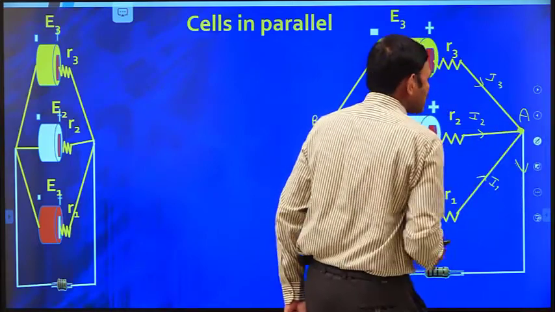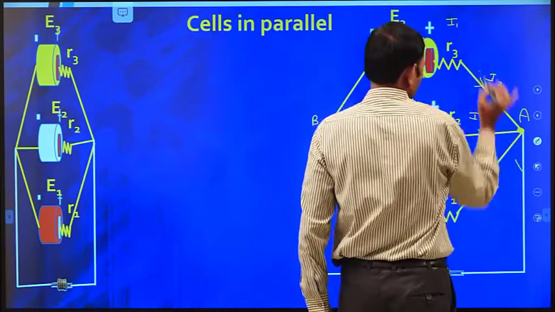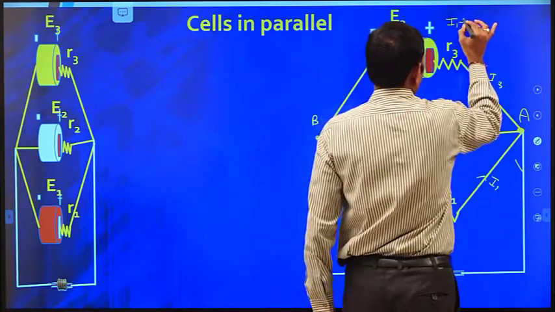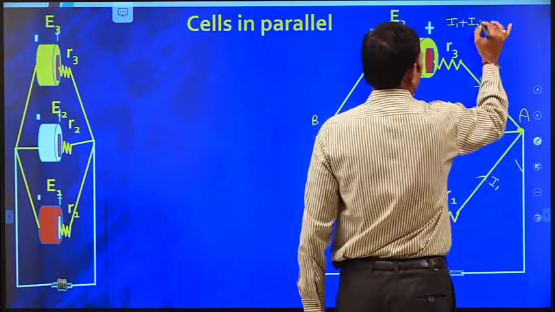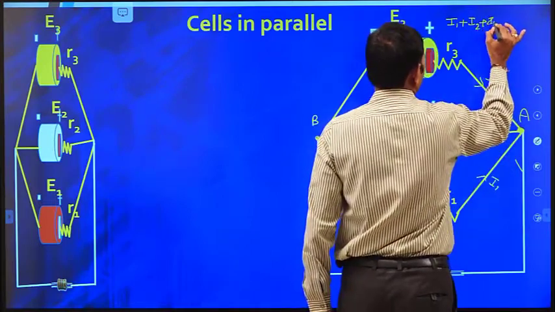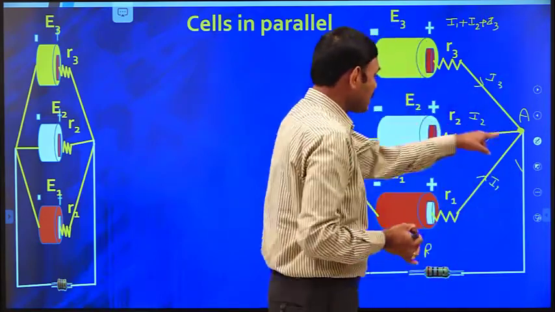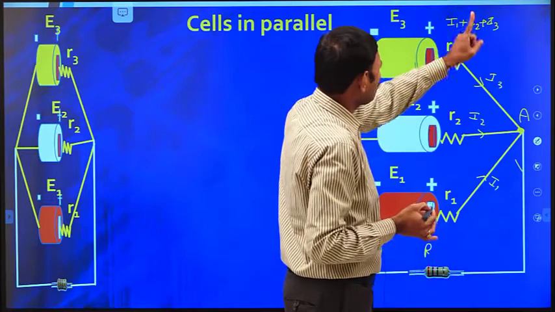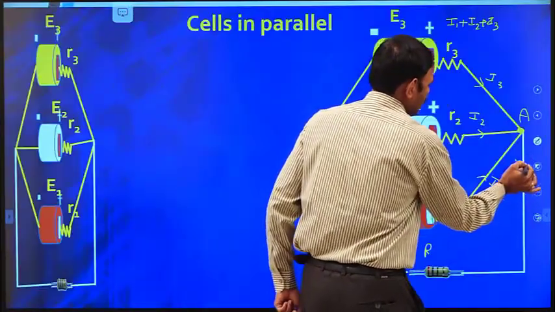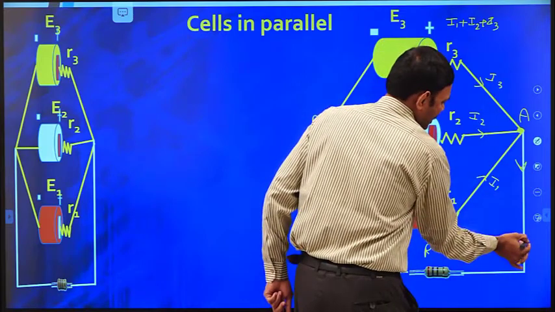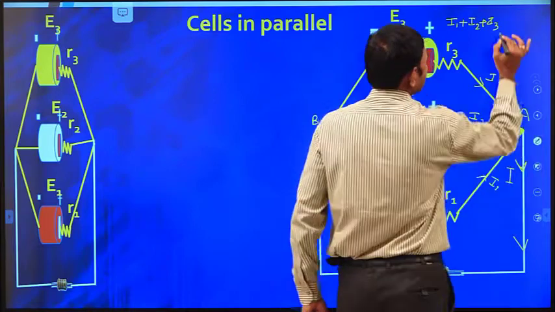I1 is the current reaching junction A from the first cell, I2 is the current reaching junction A from the second cell, and I3 is the current reaching the junction from the third battery. The algebraic sum of current reaching junction A is I1 plus I2 plus I3. The current leaving the junction from A, let it be I. So this is equal to I.